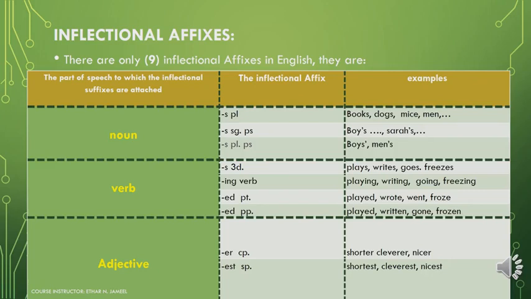The apostrophe is an indication that there is an S after it, but the S is deleted. Again, boys'. After boys, we have an apostrophe. It means that there is a deleted S, and this deleted S is called S plural possessive.